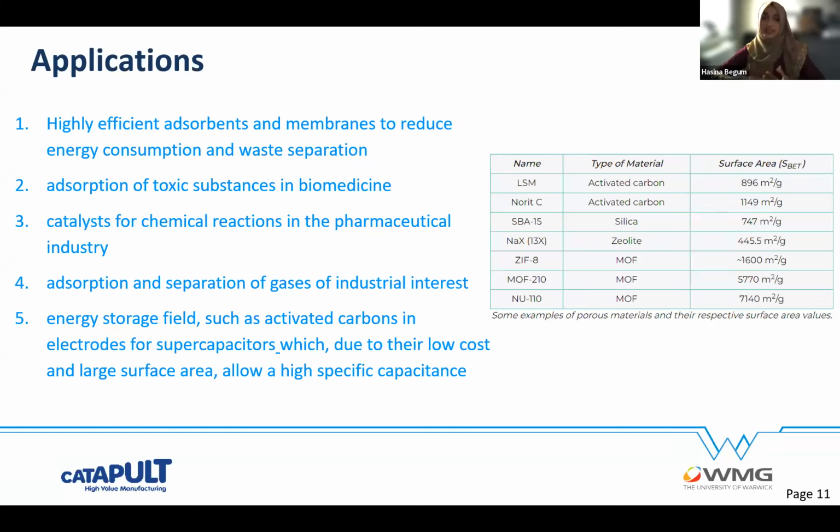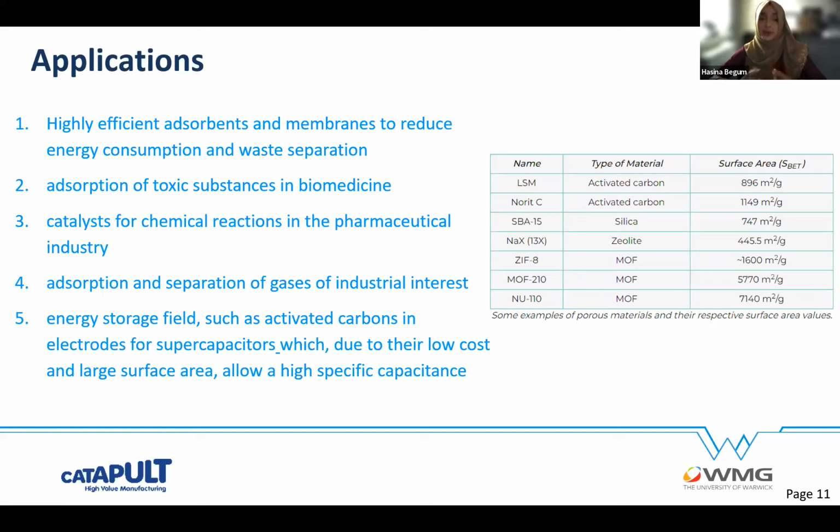The adsorption and the separation of gases is of great industrial interest. Now, what we mean by this is these materials, because of their porous nature and the interconnected pores that they have. One thing that I didn't mention is the pores within materials like silica aerogels are an open pore network.